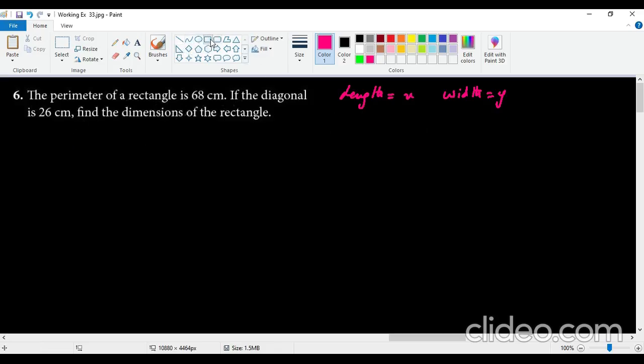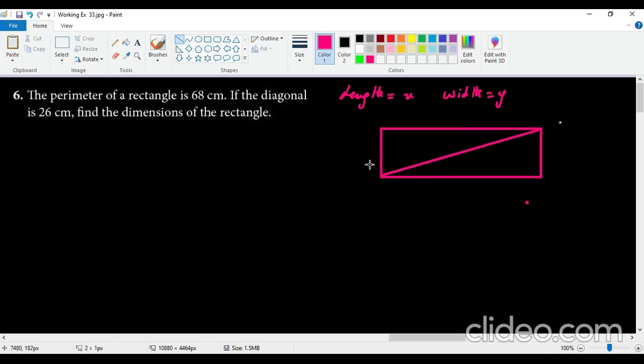I must make it, and the distance from here to here is a diagonal. So it says the perimeter of a rectangle is 68. That means 2 times (x plus y) equals 68, or we can say x plus y equals 34, and y equals 34 minus x. This is the value of y.